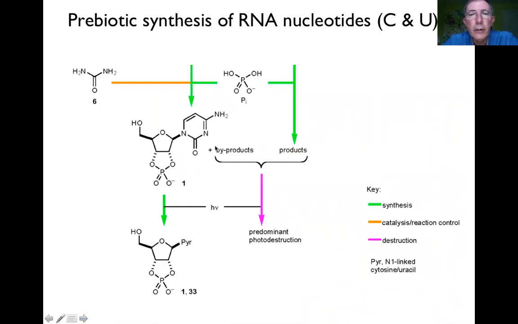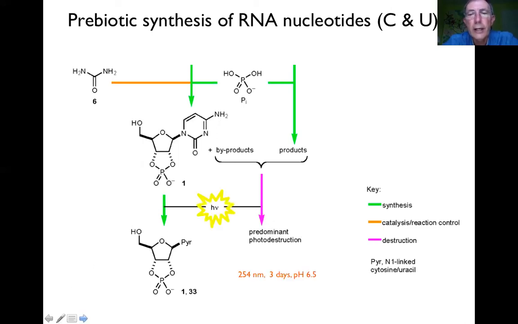Byproducts and other products. So you get the right molecule, which eventually will lead to your nucleotides. But you get exactly 16 other products, like the ones I showed you. Fortunately, they are all photo-destructive by the fact that these guys have conical intersections. These other guys, the isomers and derivatives, don't.